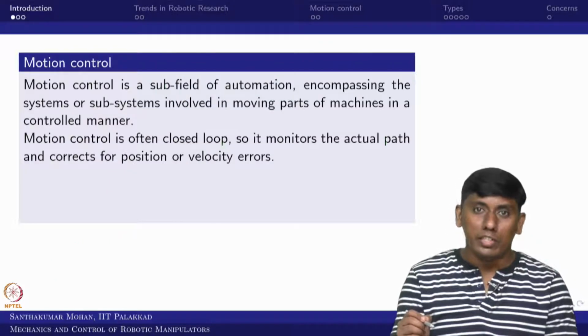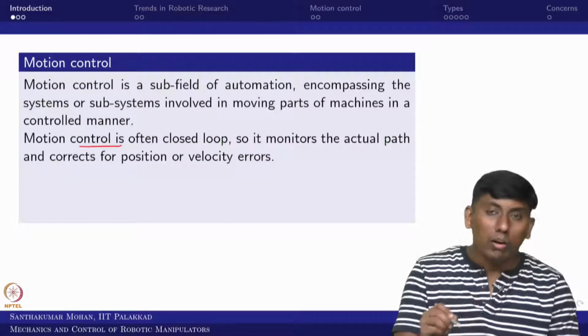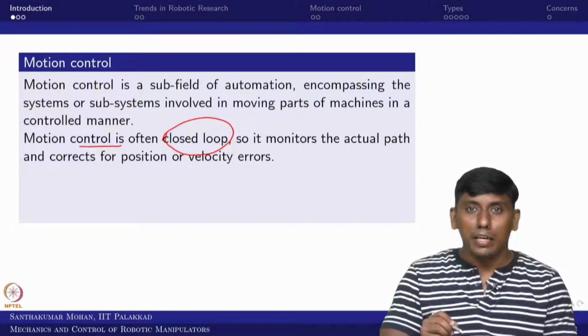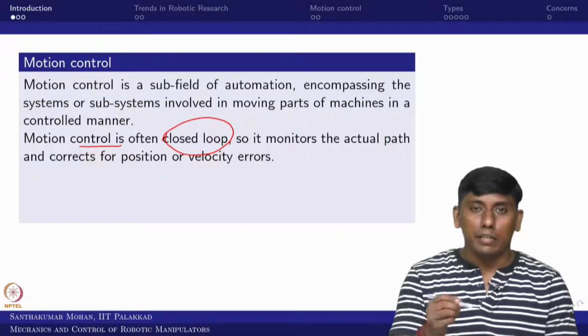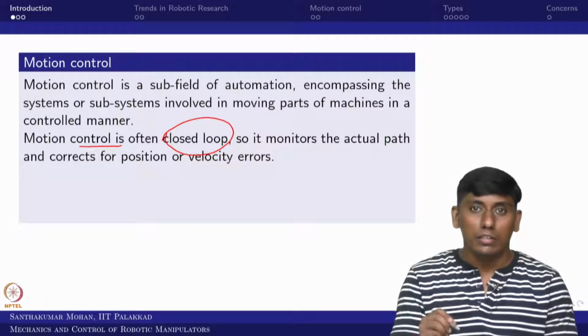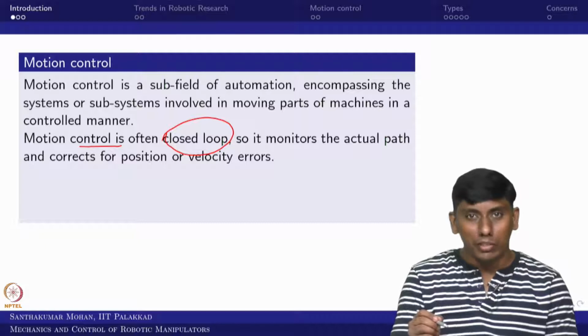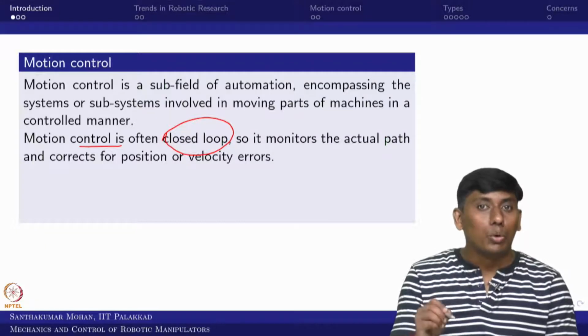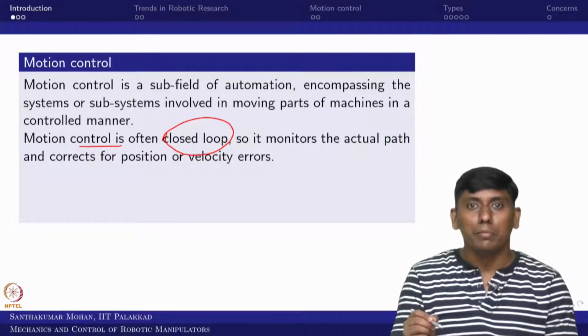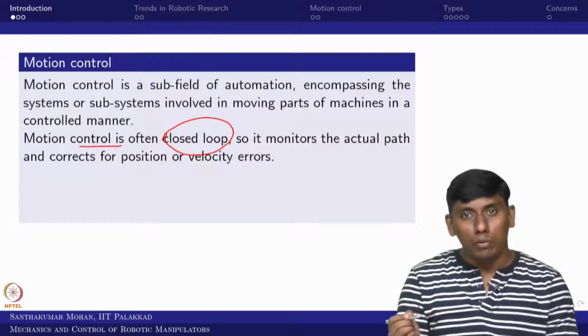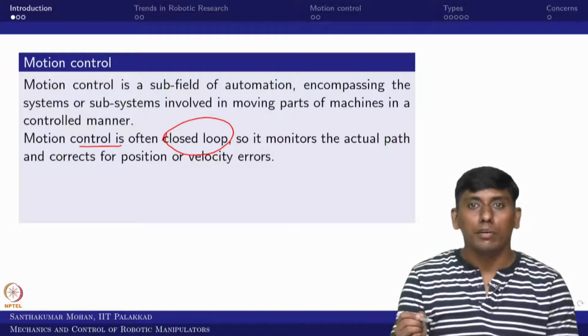Motion control is definitely closed loop, though to a certain extent it can be open loop. For example, we have seen forward differential kinematics, and the opposite, inverse differential kinematics, which controls the manipulator. Similarly, inverse dynamics also controls the manipulator, but it is open loop, or what we call feed forward control.